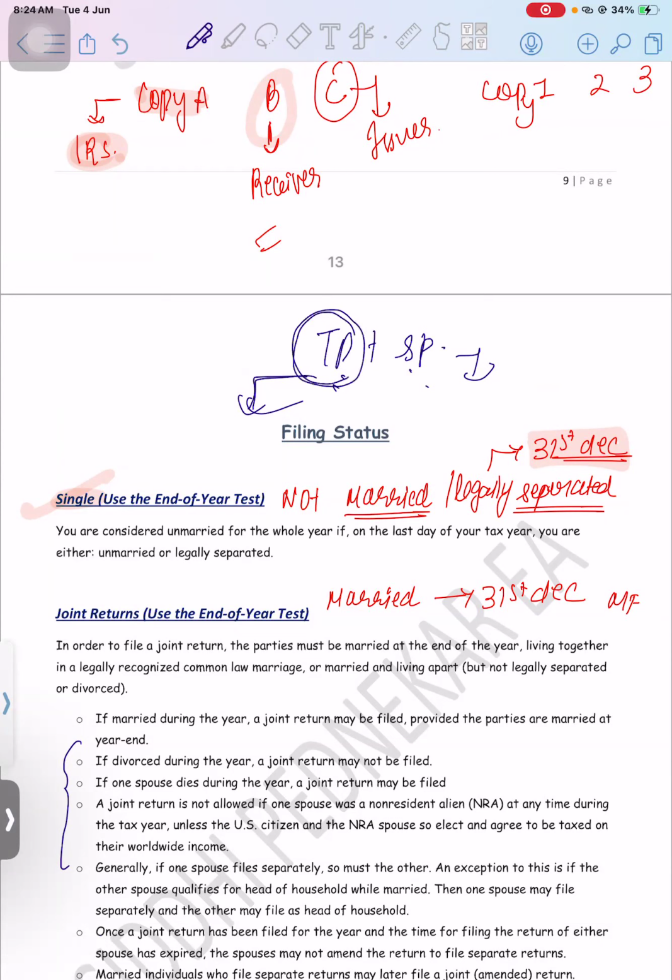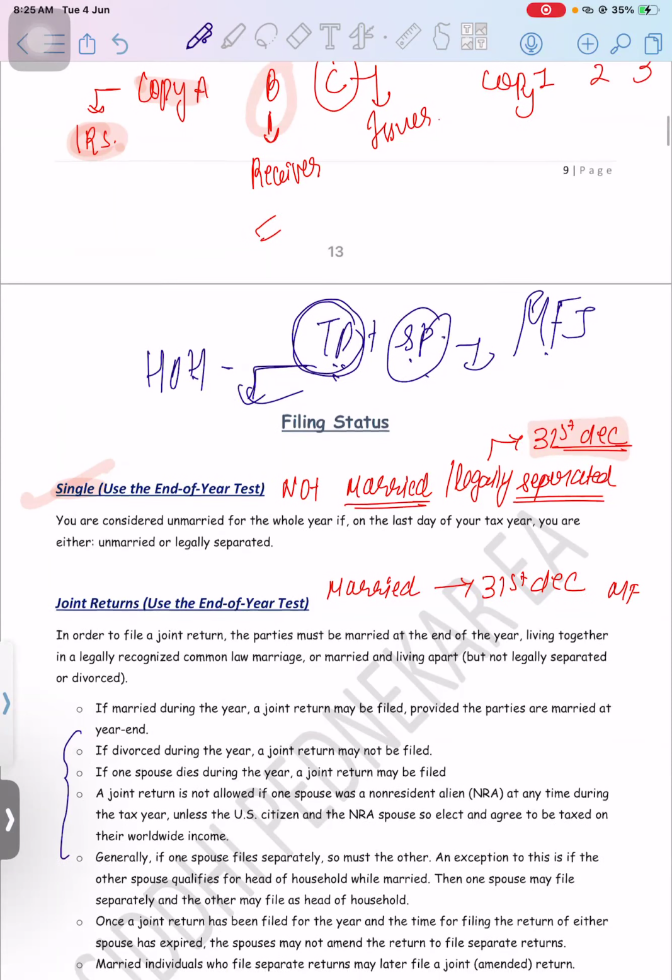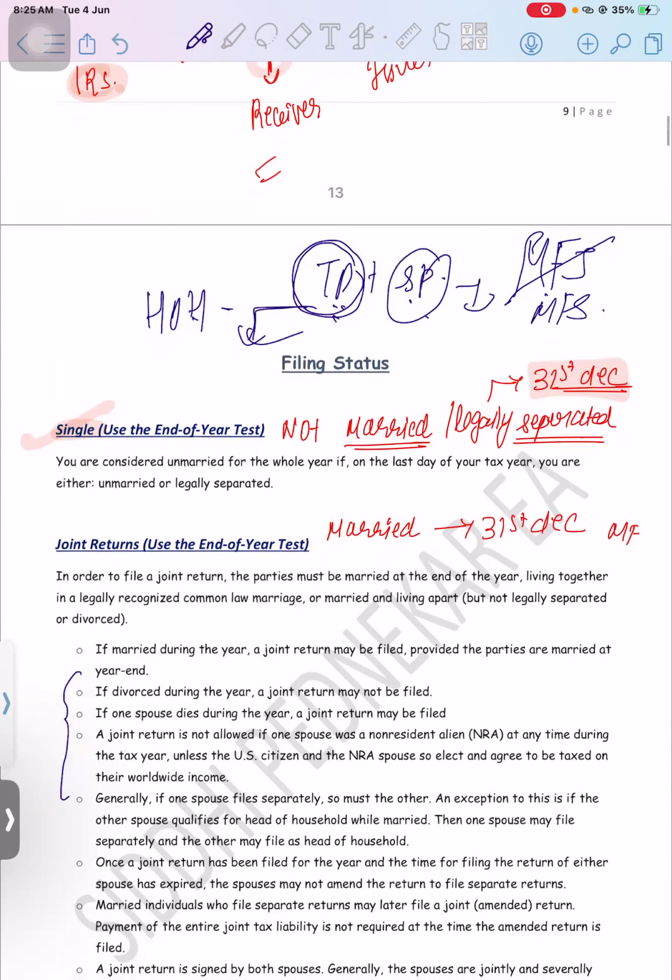So the taxpayer wants to file HOH. Then the spouse cannot go for MFJ because she is married and she wants to file. The taxpayer can't include income 2 times in 2 different returns. So that is what it is mentioning: if one is going to file HOH because the criteria are fulfilled, the other cannot go for married filing joint, but needs to file a separate return. Okay.